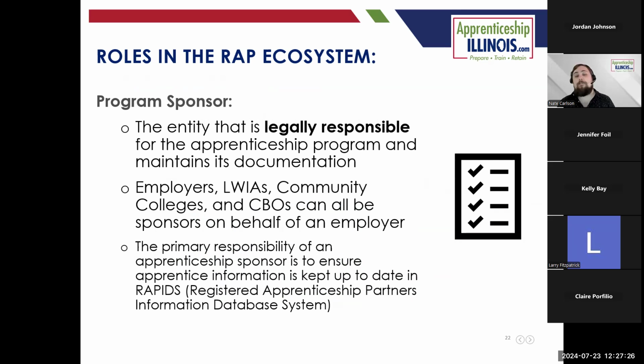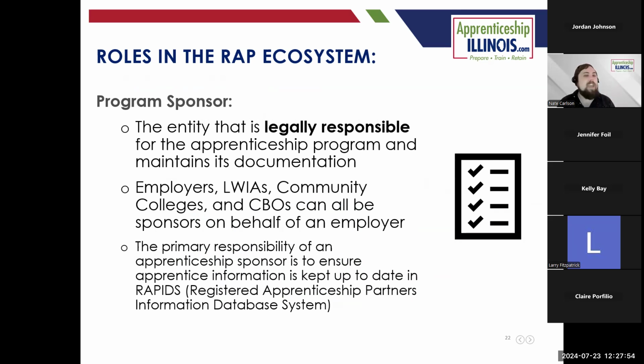A program sponsor for an apprenticeship is just the entity that is legally responsible for the apprenticeship program and maintains its documentation. So oftentimes employers are the sponsors for themselves, but LWIAs, local workforce areas, can also be sponsors. Community colleges frequently are sponsors. CBOs can be sponsors, or another employer sometimes will have a program that's open for other employers to participate in.